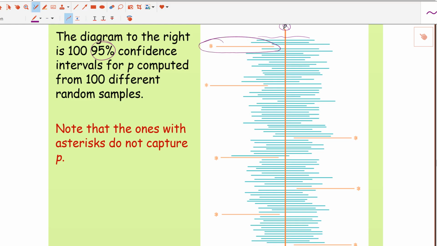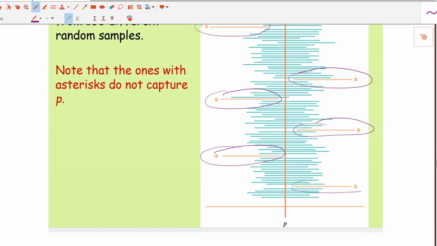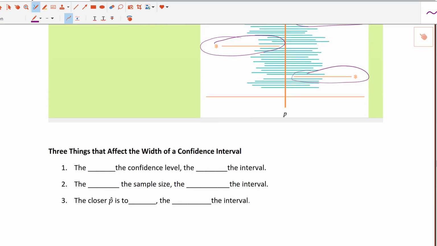The asterisk intervals right here are the ones that were calculated but did not include the actual value of P. And that's what that sentence is talking about: the method that is used, we expect that the interval calculated would include the value of P 90% of the time, or 95% of the time. It's not a probability about P at all.